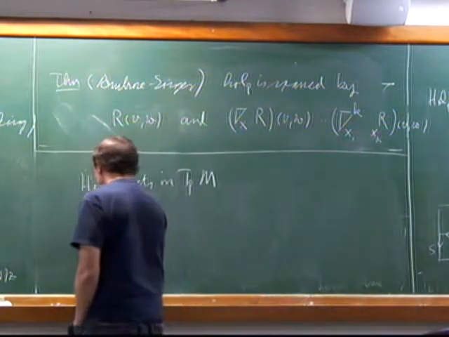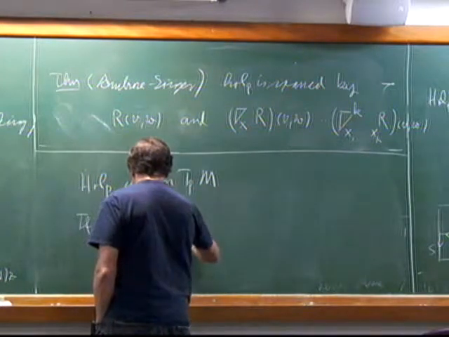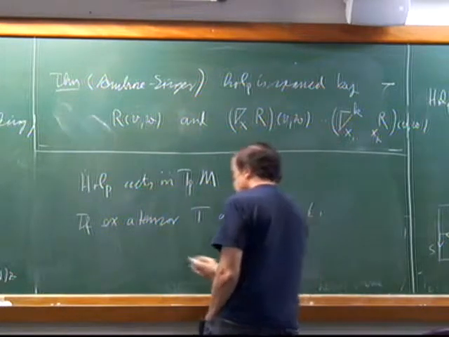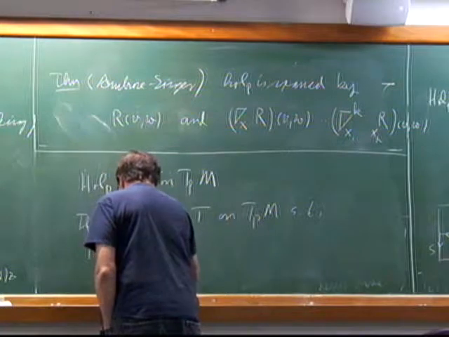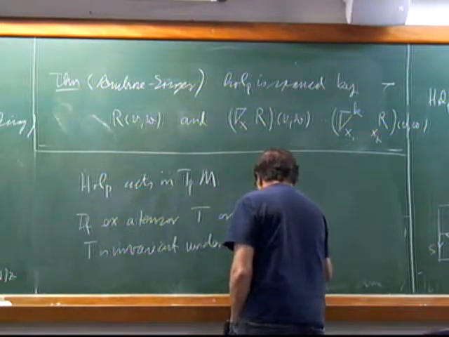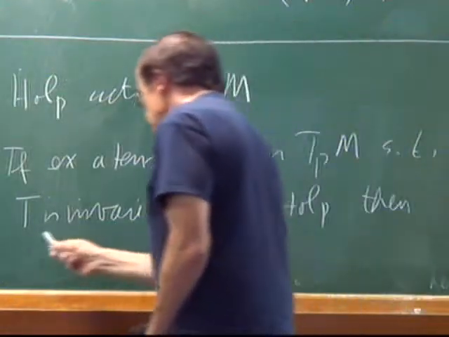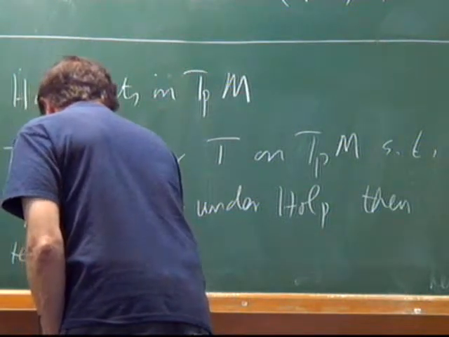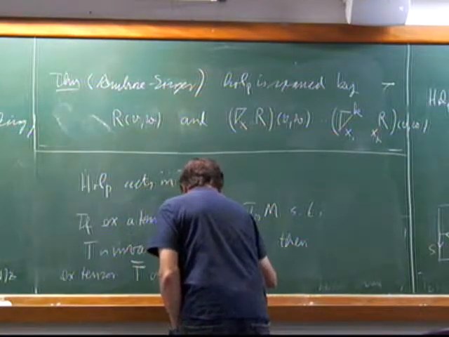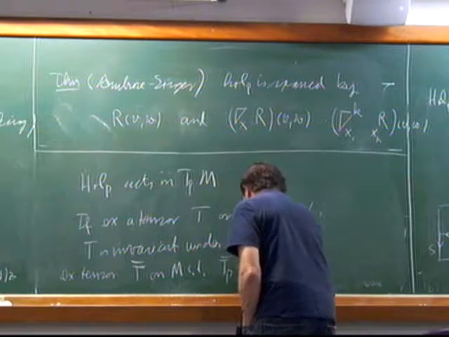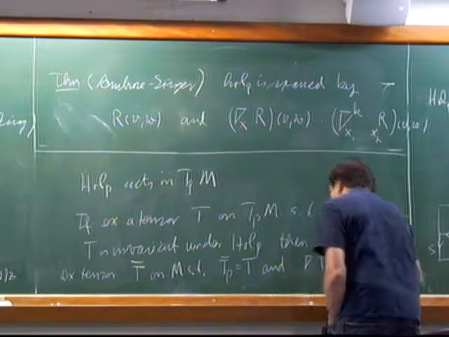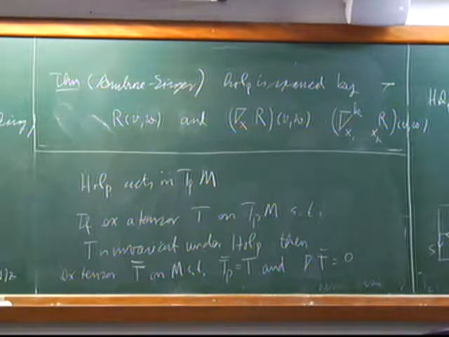If there exists a tensor, call it T, on T_pM, such that T is invariant under the action of the holonomy, then there exists a tensor, let's call it T bar, on M, such that T bar at the point is T, so I can extend it, and T bar is parallel. Whatever sense parallel is supposed to mean.